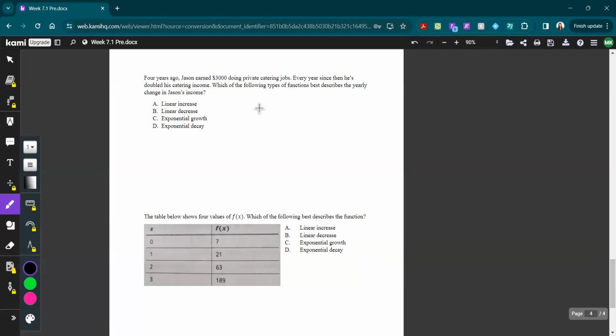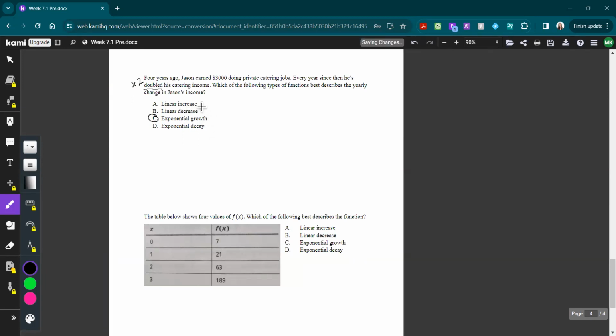You want to look for the keyword, whether it's telling you it's adding, subtracting, multiplying, or dividing. Your keyword here is double. Double signifies times two, which is going to get more and more. So that tells me it's an exponential growth.